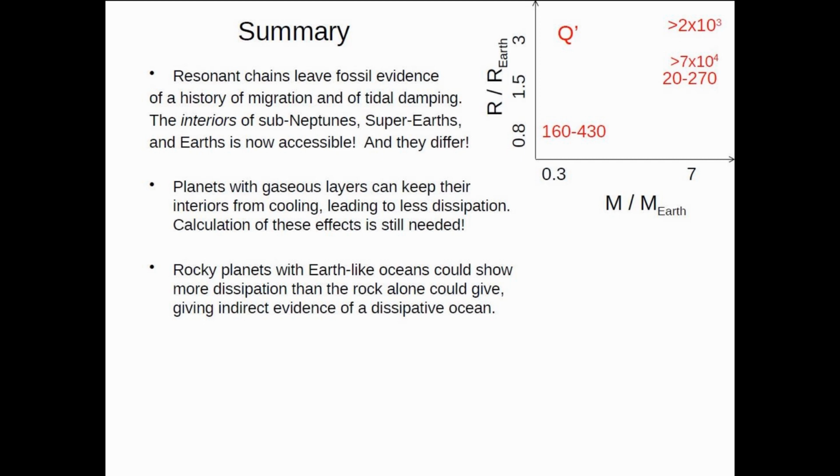So that would lead to less dissipation and keep their resonant chains tighter. The calculation of those effects, the cooling and the blanketing and the magma, all of that is yet to be done. So these are new results to try to explain theoretically.